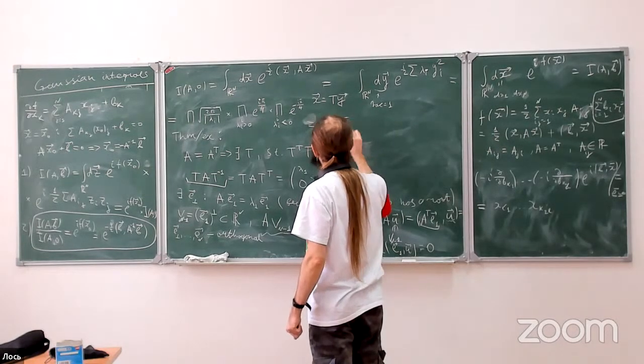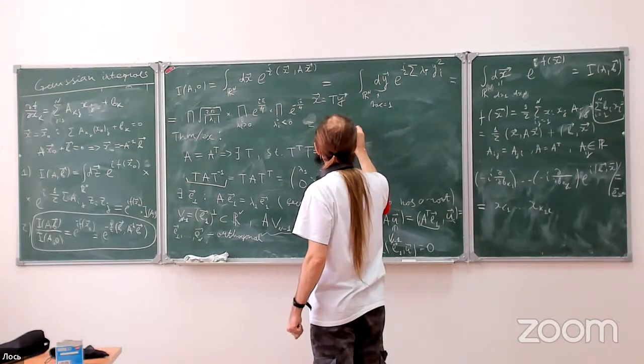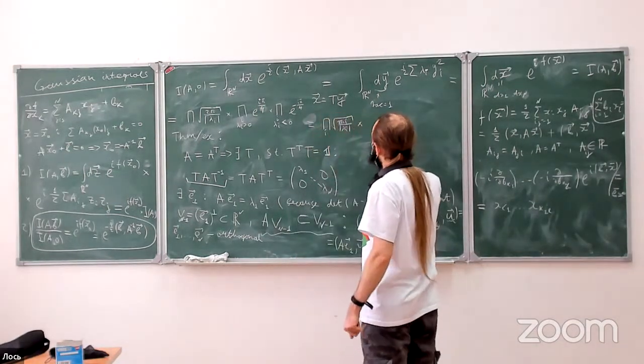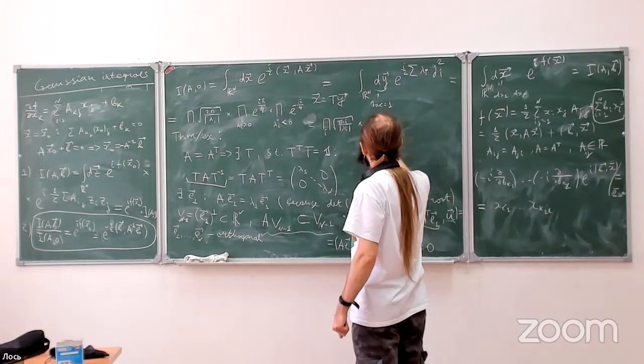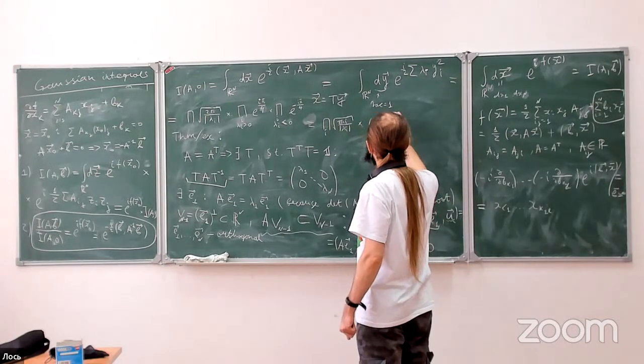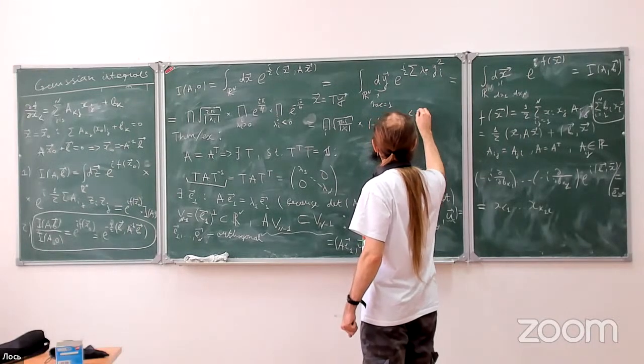So let us write this in this form: 2 pi i over the product of lambda i's times minus i to the power of the number of negative lambdas.